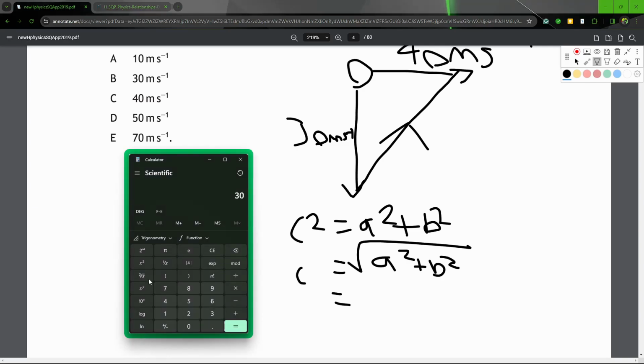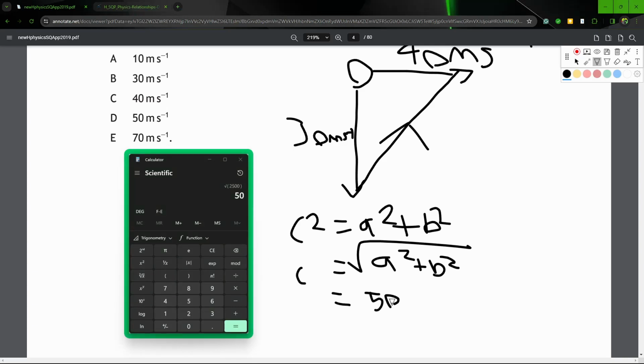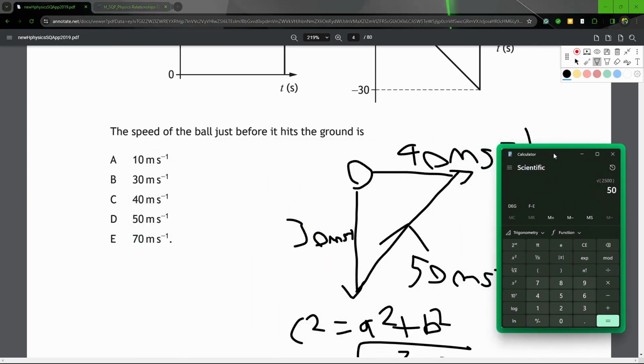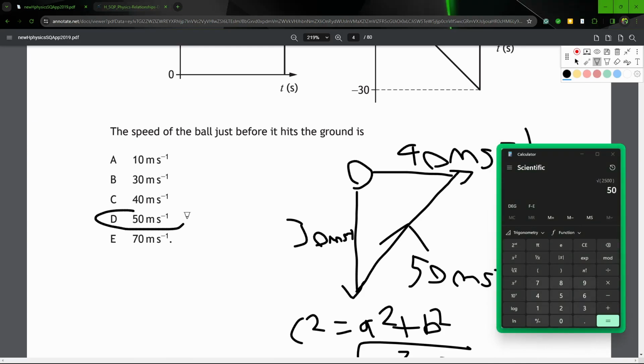So 30 squared plus 40 squared gives us 2500. And then we're going to square root that, and that gives us 50. So the resultant here is 50 meters per second. And there we go. That's our answer.